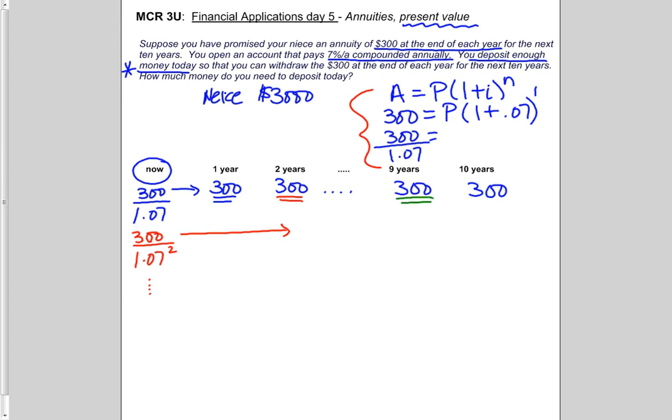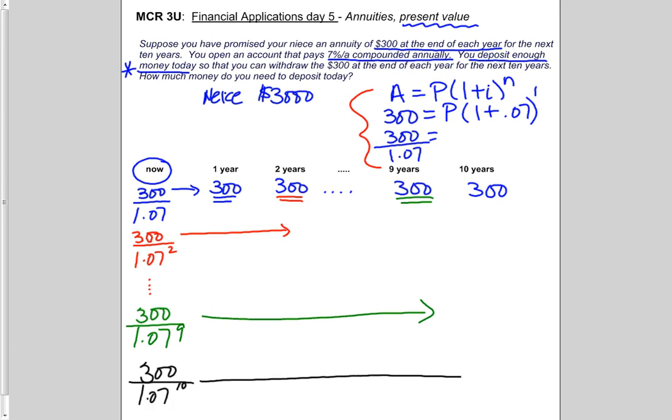For this $300, which is a long time from now, it's got lots of time to accumulate interest, it would be 300 divided by 1.07 to the 9. And there's a whole bunch in between, but the last one would be $300 divided by 1.07 to the power of 10. That will get me that last $300.